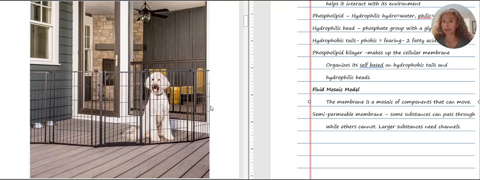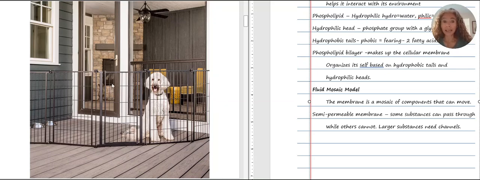And this fencing is a great example of a semi-permeable membrane because small things can fit through this fence. Little bees, oxygen and water, lizards, maybe butterflies, but this dog here cannot fit through this fence. And so that is very similar to a semi-permeable membrane where smaller molecules can fit through, but larger ones cannot.